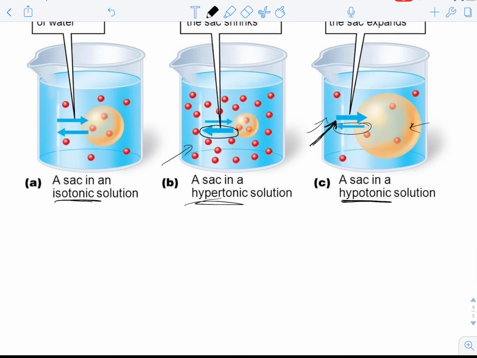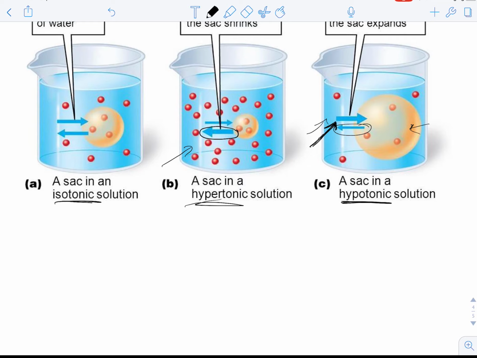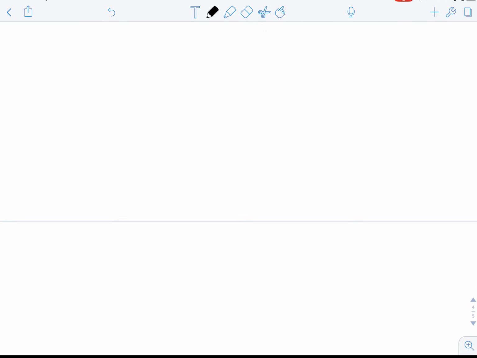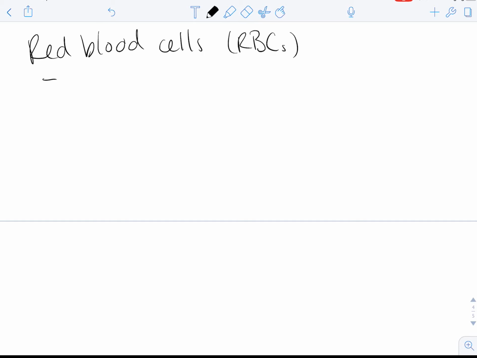So we usually think of these ideas of isotonic, hypertonic, and hypotonic in terms of red blood cells, which I will call RBCs. We can take and look at them. They have a semipermeable membrane.